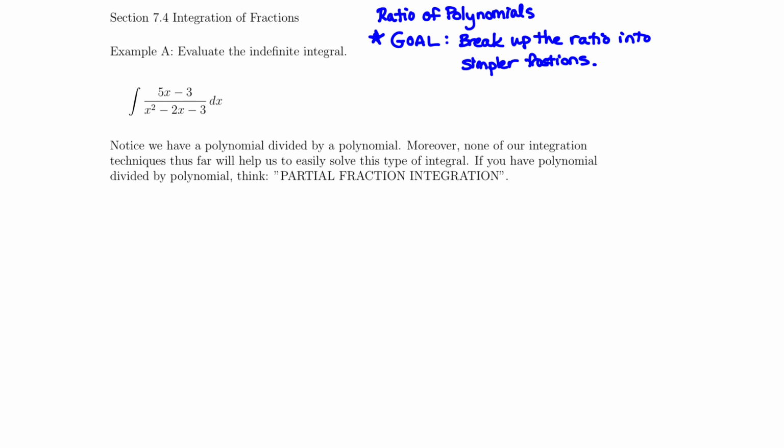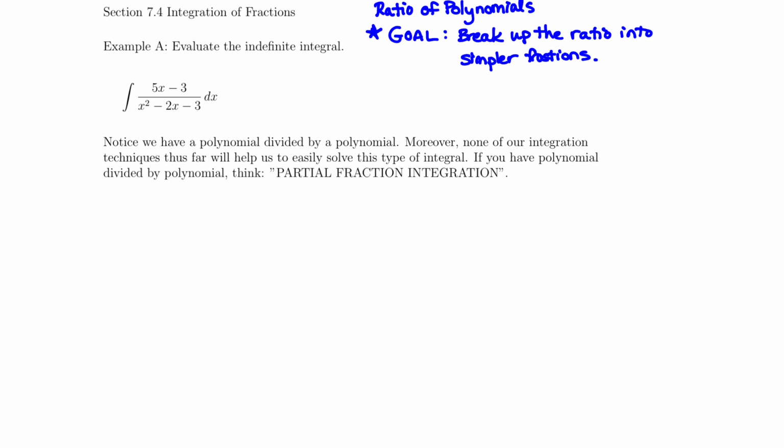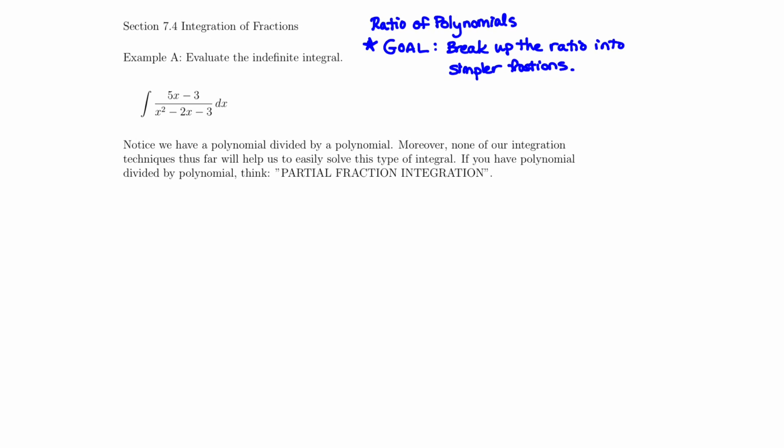So what is the very first thing we need to do? We want to factor that denominator because our goal is to break it up into smaller fractions, and we need factors to do that. So step 1 is to factor the denominator.